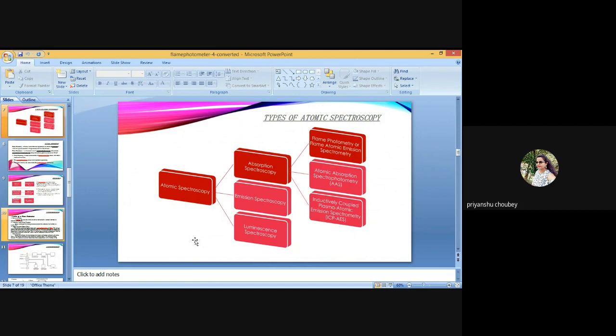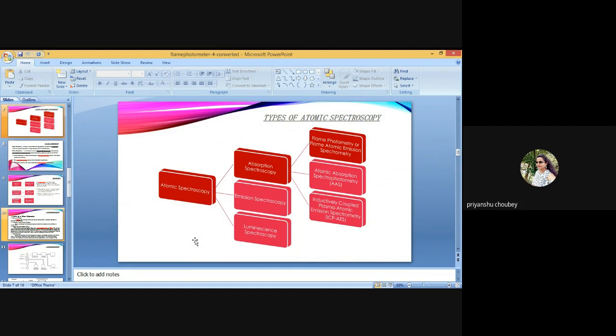The ICP is produced by passing initially ionized argon gas through a quartz torch located within the induction coil, which is connected to a radio frequency generator.